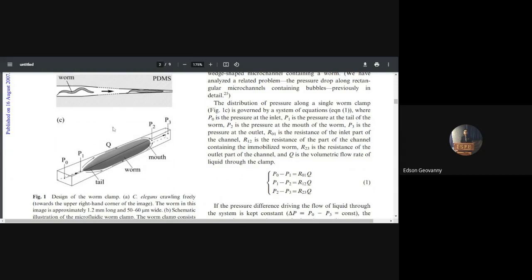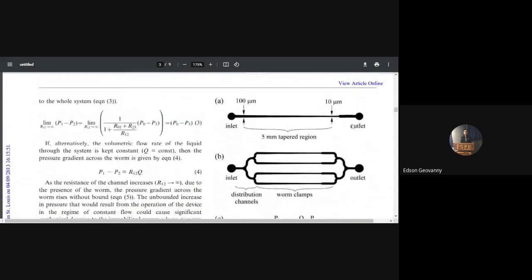Here is a diagram of the pressure distribution along the microchannel. In this part, the channels range from 100 to 10 micrometers in length. Channels were designed to accommodate worms of different sizes.